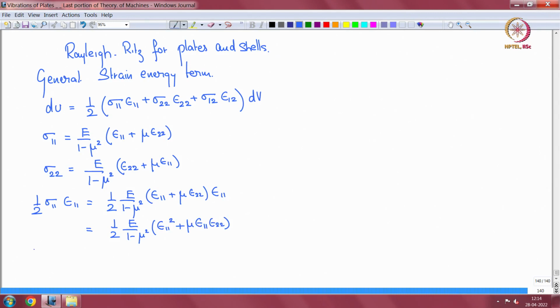Similarly, half sigma 22 epsilon 22 is 1 half E by 1 minus mu squared times epsilon 22 squared plus mu epsilon 11 epsilon 22.